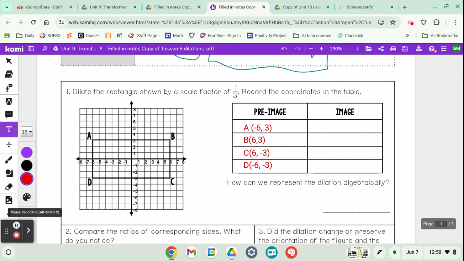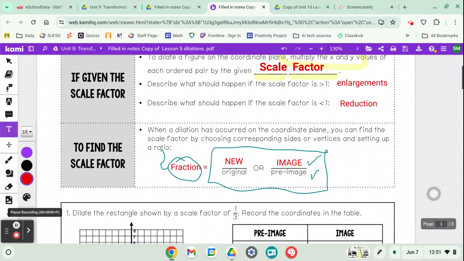Our image is going to be smaller since a scale factor of 1/3 is less than 1 and greater than 0. So far in my table, all I've done is write the coordinates of rectangle A, B, C, D according to the directions above in the text box.